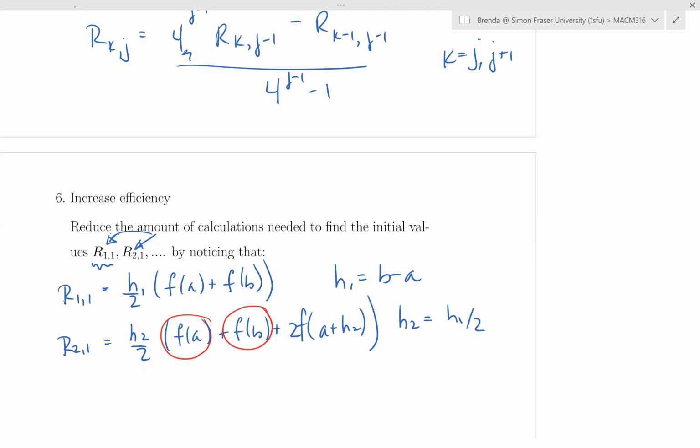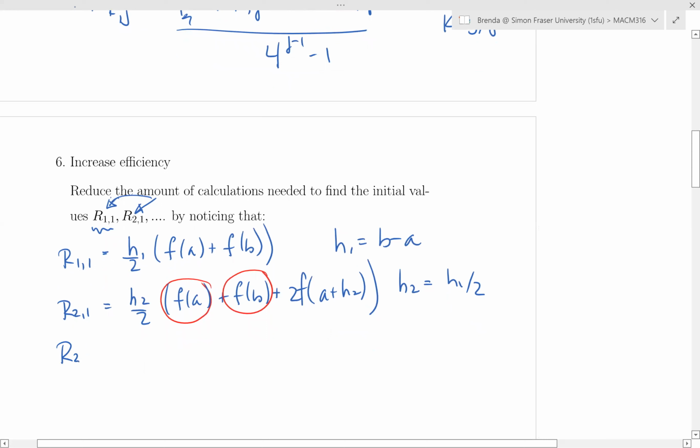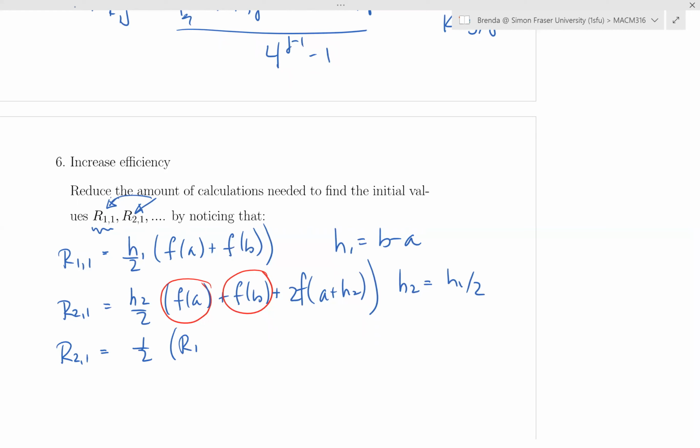So in fact, I can write out our R21 as 1/2 of our R11 plus H1 times F of A plus. So I make the approximation of the whole interval, and then in making the approximation over 2 intervals, I merely need to make only one more function evaluation, not 3 more. That's a big difference.